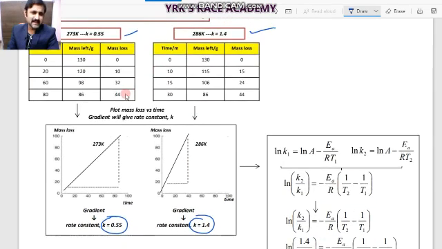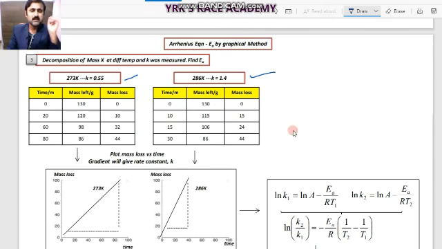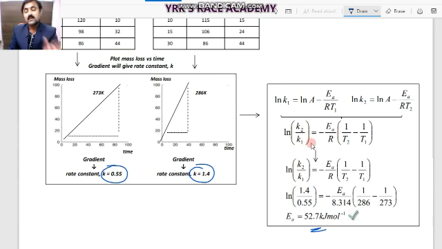That means this data information will be given to you in the examination, and you should keenly see how to substitute the values given in the problem.